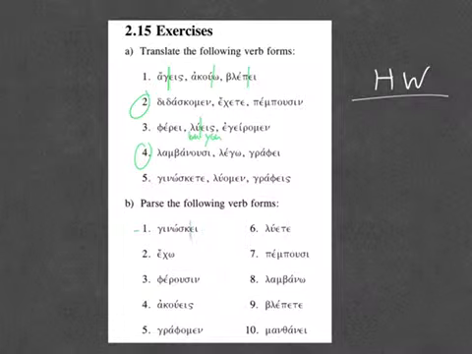And so ginosko, take the omega off. We got ginosk, which is know, and we got the ei, which is what? Ei is third singular. So we got third singular, so that is a he. So he knows, but if we're going to parse this out, we're going to say it is the present active indicative, because that's all we're learning right now.